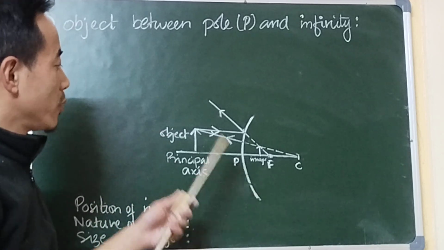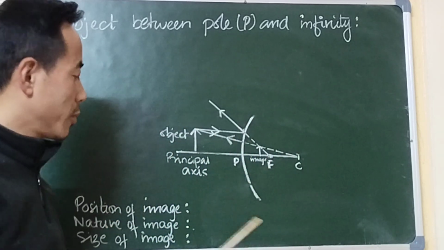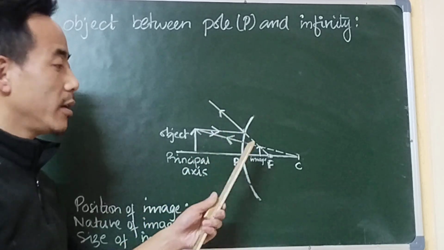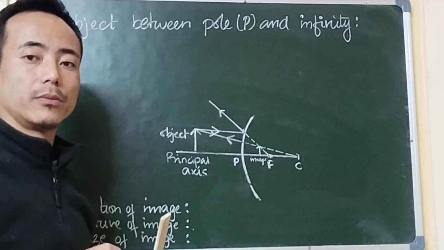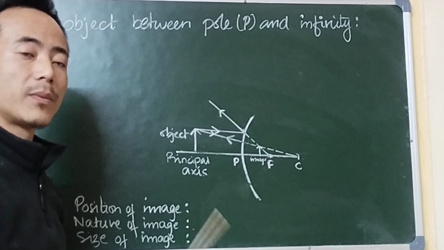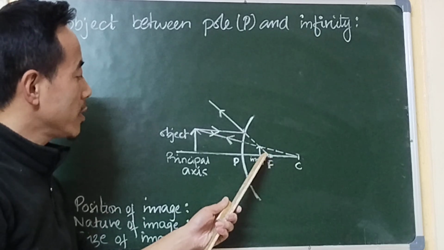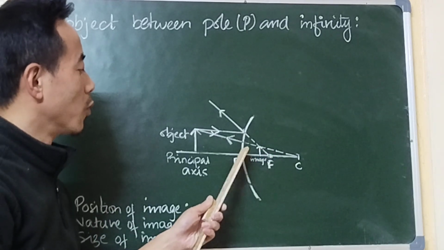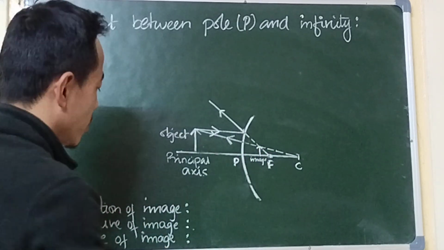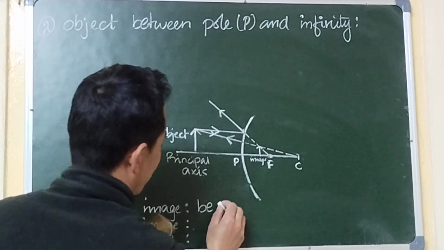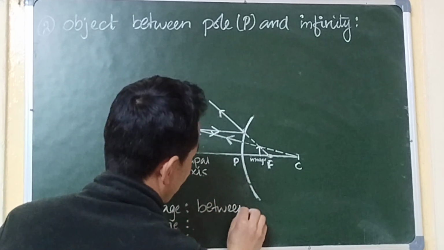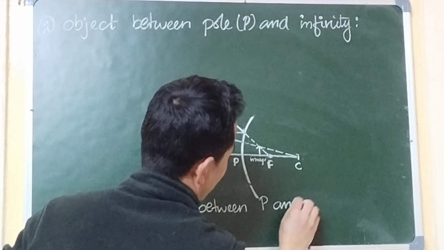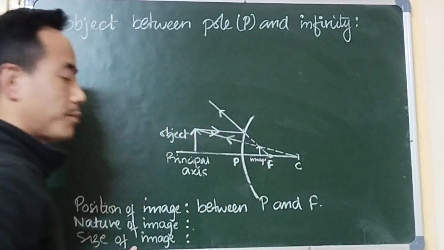First of all, if you simply follow the rules, you don't have to worry about the position of the image. Automatically it will be at its own position, so you don't have to memorize. Here we can see that the image is formed between the pole and the focus of the mirror. So the image formed is between pole P and focus F.